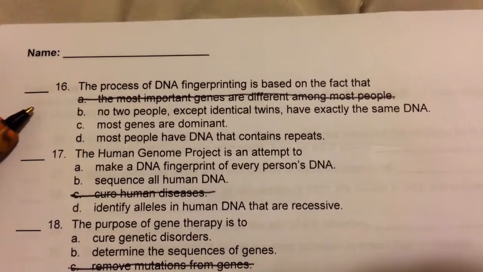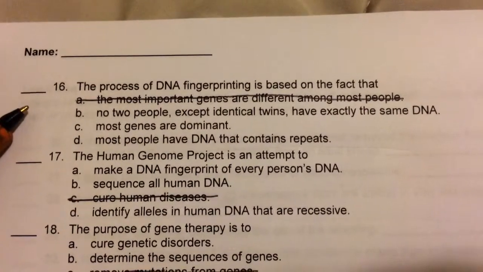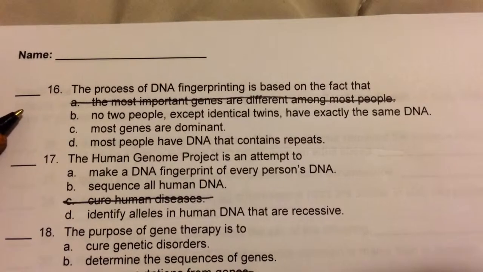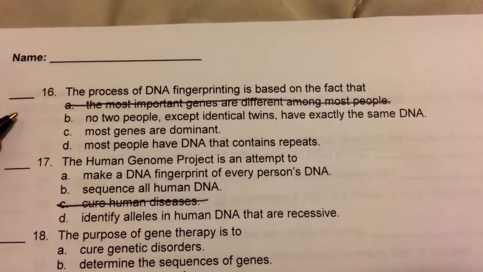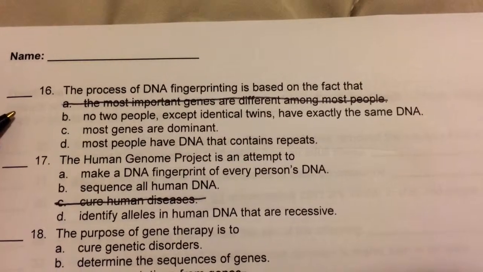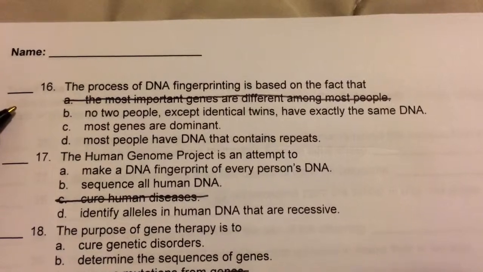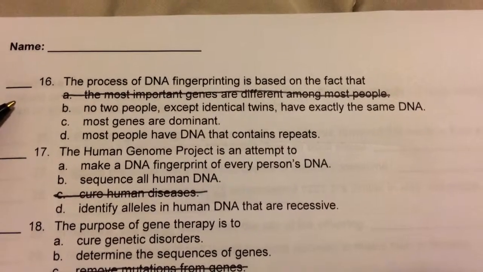Number 16. The process of DNA fingerprinting is based on the fact that B, no two people, except identical twins, have exactly the same DNA, C, most genes are dominant, or D, most people have DNA that contains repeats.